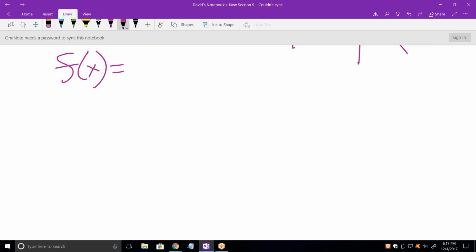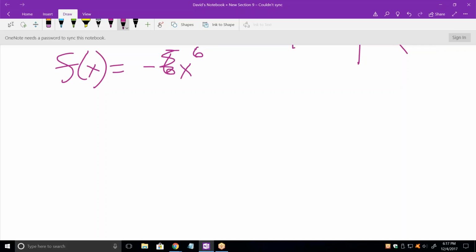Negative 6x to the 6th power, oh wait, not negative 6x, my bad. Just negative x to the 6th power. That doesn't have anything to do with end behavior, whether there's a 6 there or a 1.